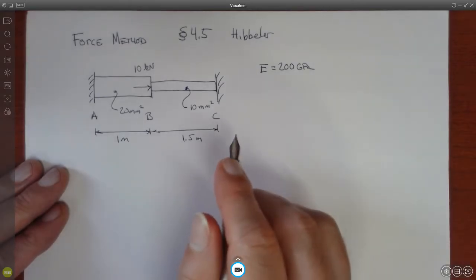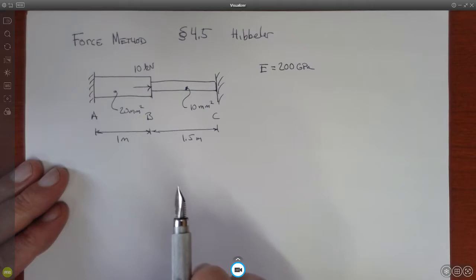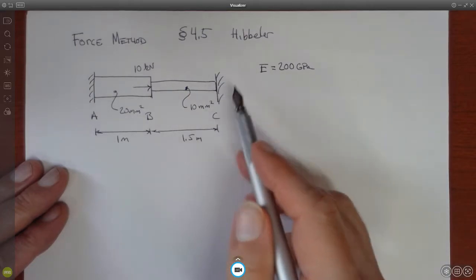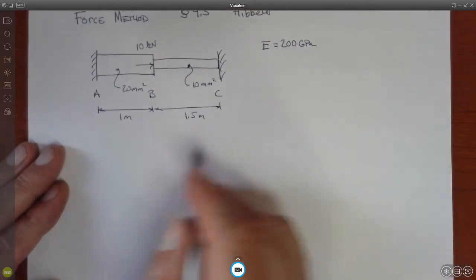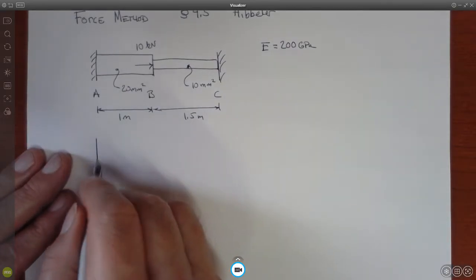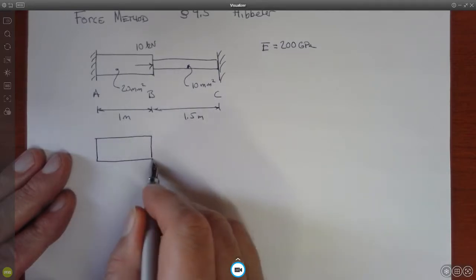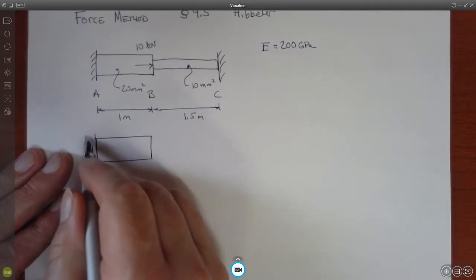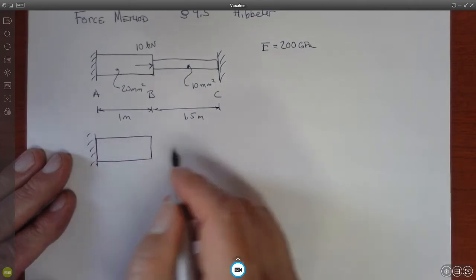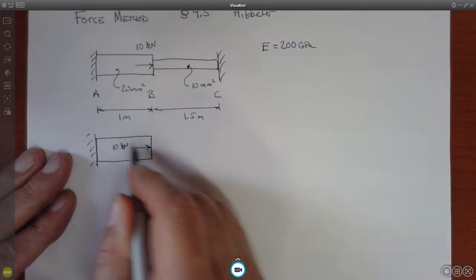First thing we're going to do is eliminate one of the constraints. So let's eliminate the one on the right, and I'll explain what we're doing here. Now we're going to replace this with a problem that looks like this. We have our 10 kilonewton force here.